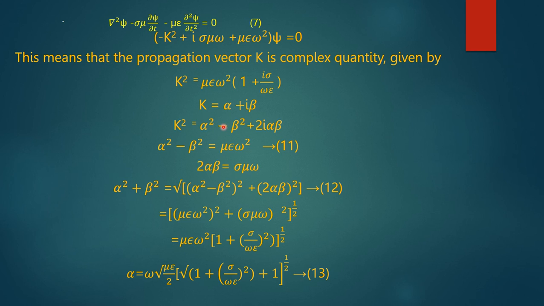real part, is equal to mu epsilon omega square, and also the complex part, 2 alpha beta, is equal to sigma mu omega.